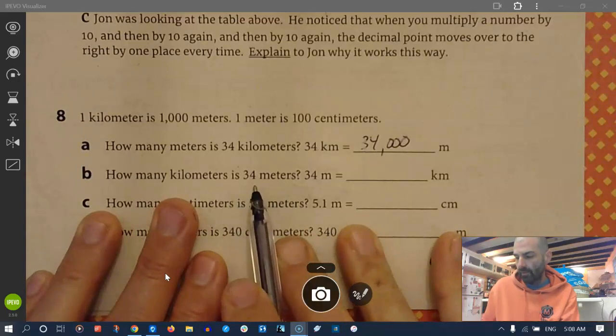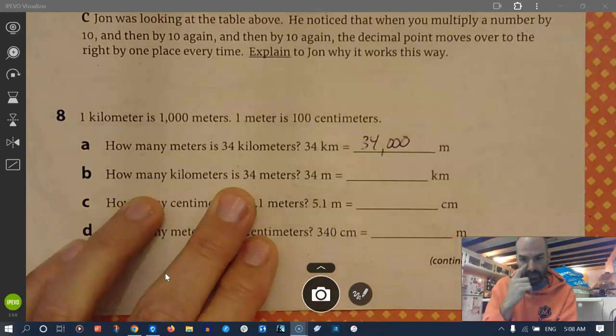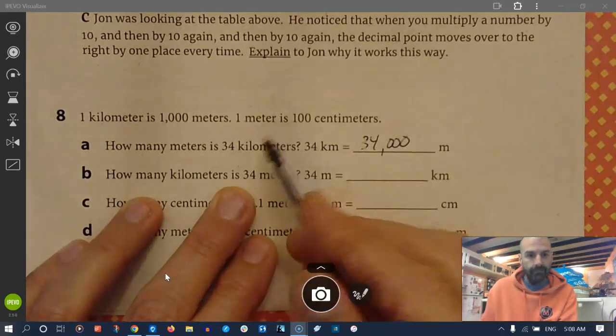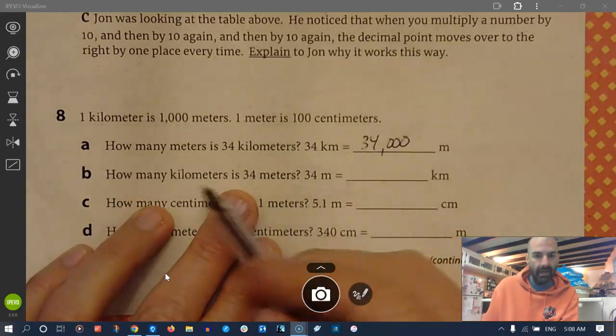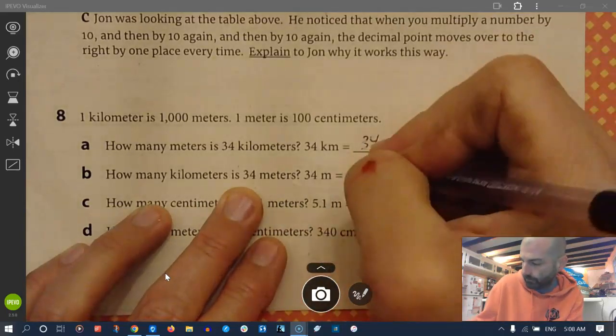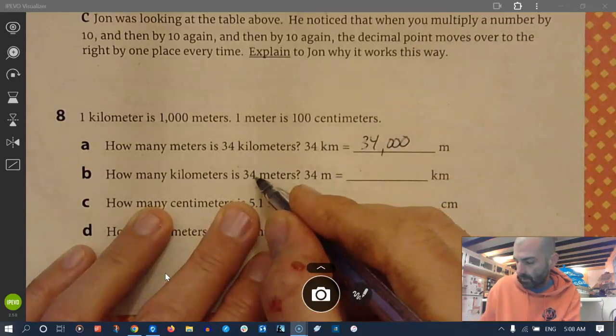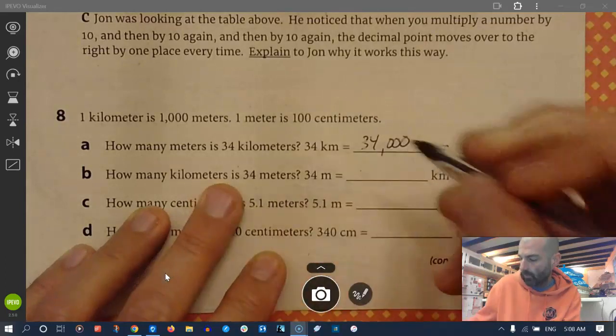How many kilometers in 34 meters? So now this is less, right? This is dividing. We're going from meters over to kilometers, so we're dividing by 1,000 here. So let's see the place value. 1, 2, 3, 4.